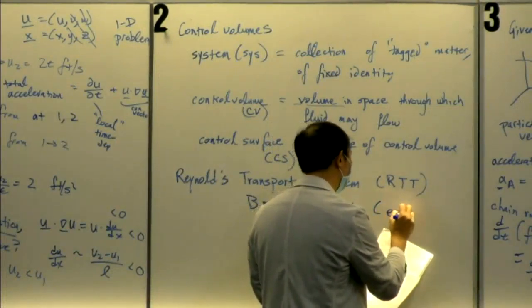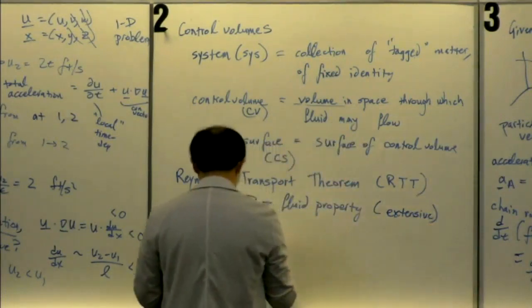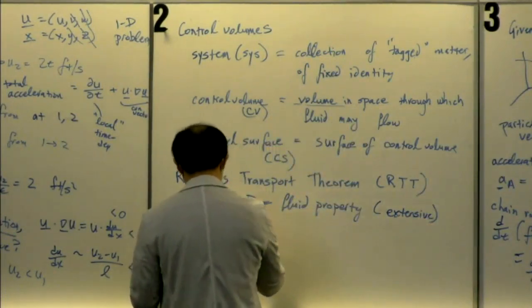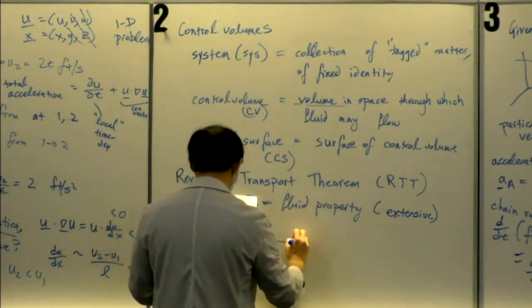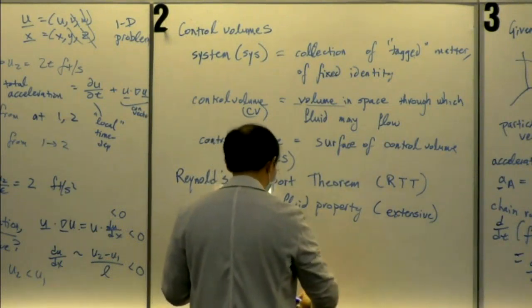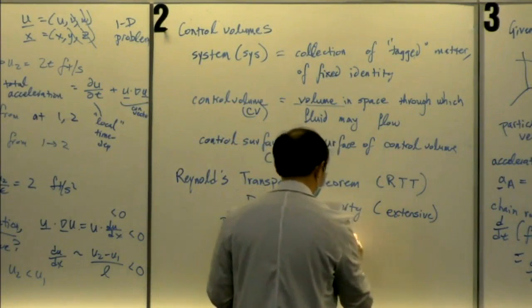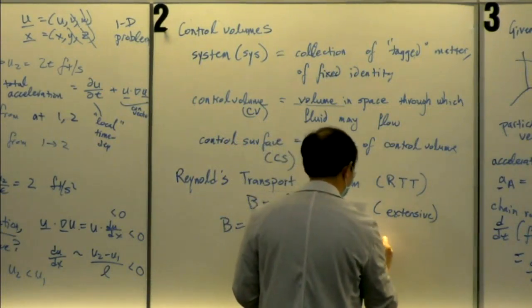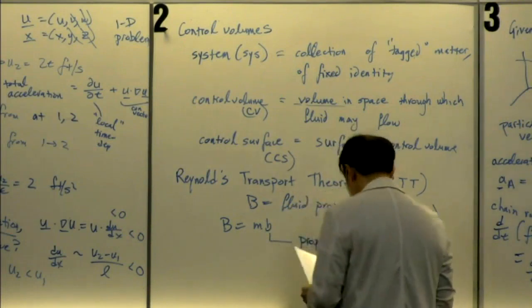We'll call that extensive. And little b is that same property per unit mass. Whenever we do something per unit mass, we call that an intensive property.